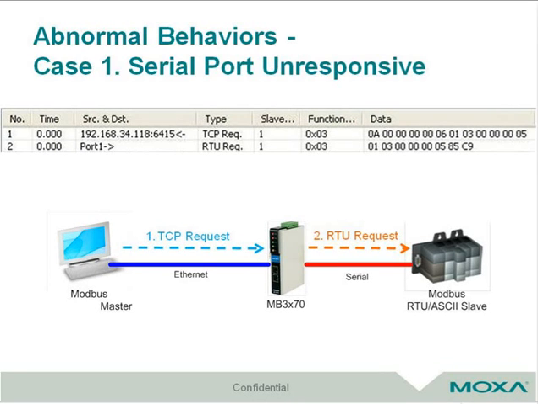Next will be two examples of abnormal behaviors. The first one is when the Modbus RTU slave doesn't respond to the request. You can see that there is no third record as an RTU response. This may be caused by the RTU slave being powered off or not being able to recognize the RTU request.